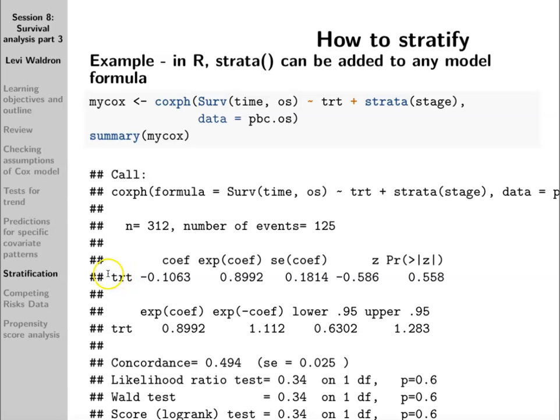So this is not the same as controlling for strata. It is instead a way of allowing for different baseline hazards in the strata. But ultimately, we're assuming the same hazard ratio in every stratum because we end up averaging them together and getting a single hazard ratio for treatment across all of the strata.